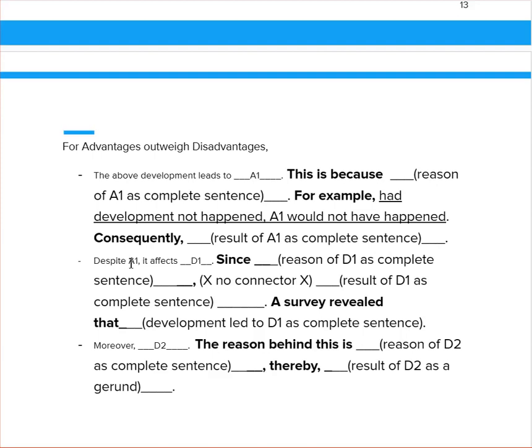Despite A1, it affects D1 since the reason of D1 as a complete sentence, comma, no connector used, result of D1 as a complete sentence. A survey, for example, how to write a survey, that development leads to D1 as a complete sentence. Moreover, D2, the reason behind this is a reason of D2 as a complete sentence. Thereby, use a connector for the result of D2 as a genus.